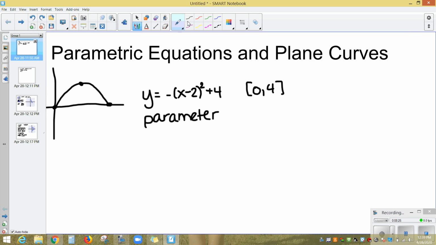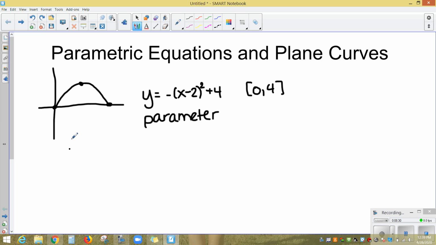If we go clear back to the beginning, to our first example that we started with in the last video, let's say instead of being told this equation up here, we'll say this goes along with x equals 4 minus 1/2 t, and y equals 2t minus 1/4 t squared.